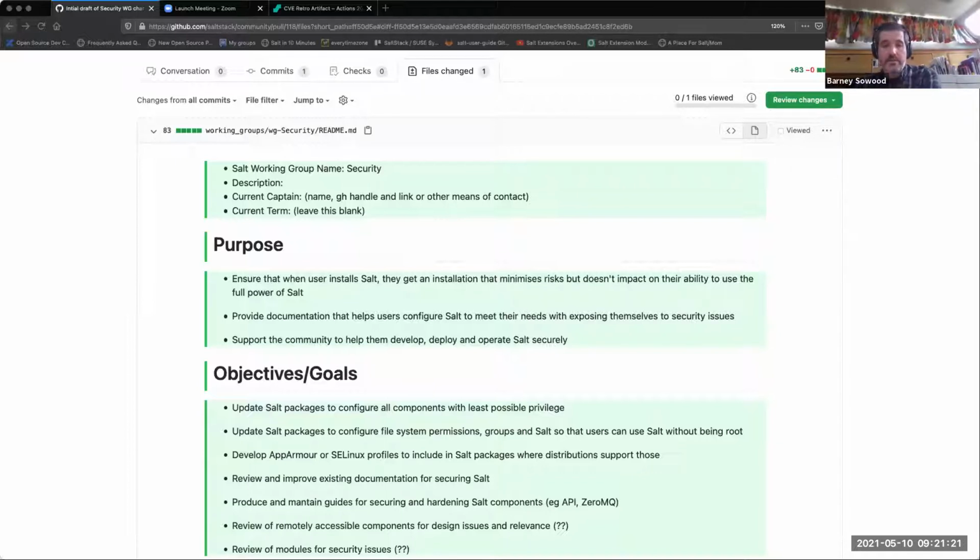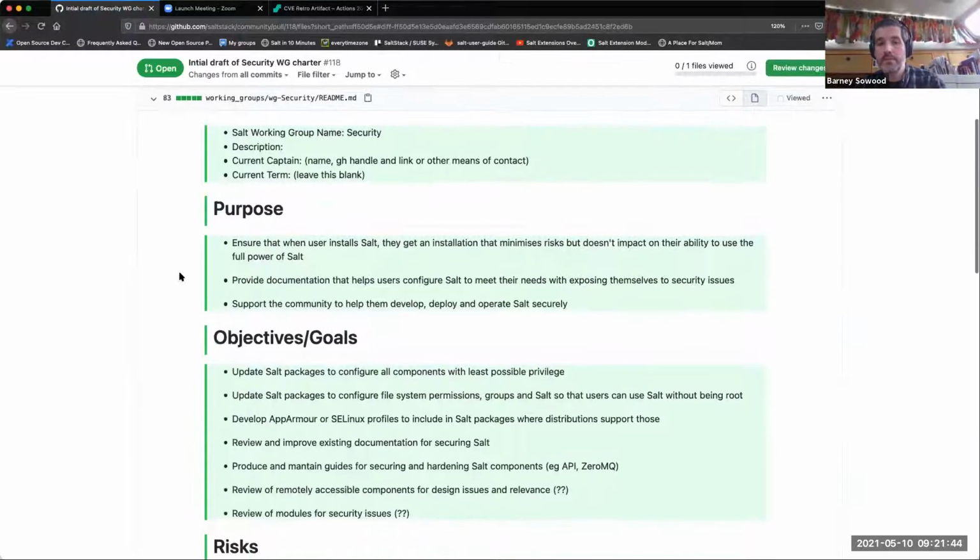So then, going on to the objectives and goals: Salt packages to configure all components with least possible privilege, which we talked about, and again updating the Salt packages for file system permissions and groups so users can use Salt without being root. AppArmor and SELinux profiles will be quite distribution dependent, but in terms of limiting what the Salt master can do, I think that might be quite useful.